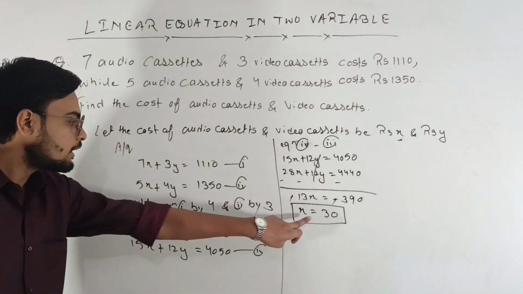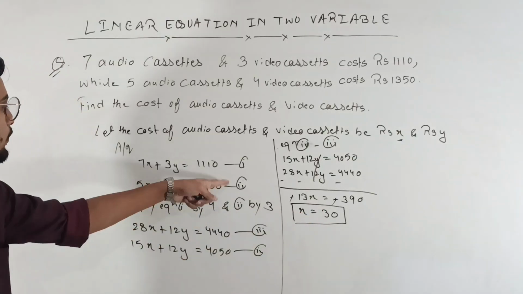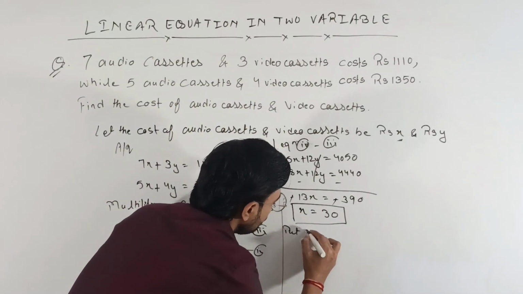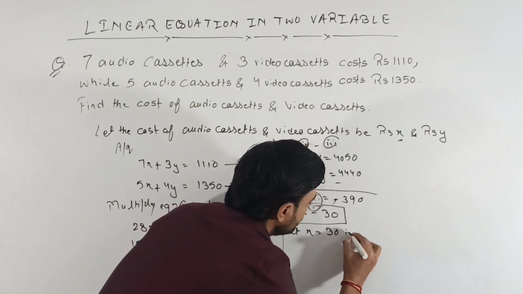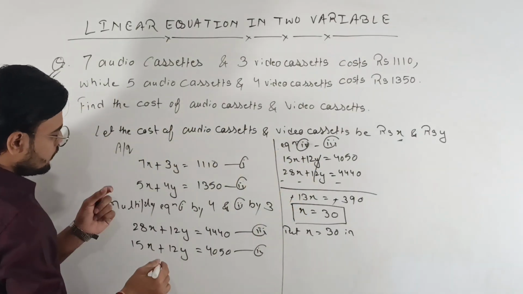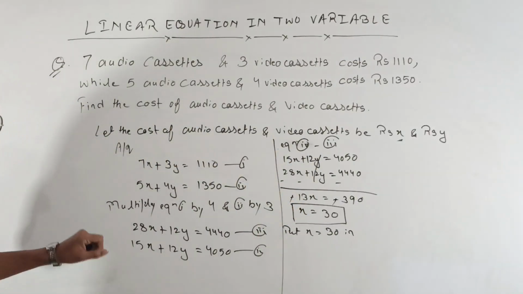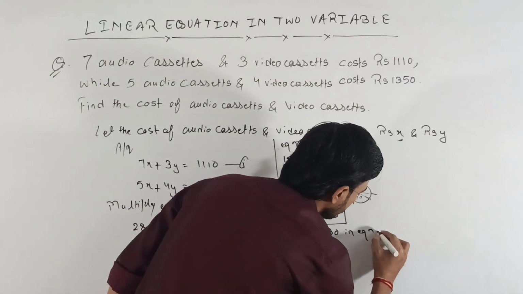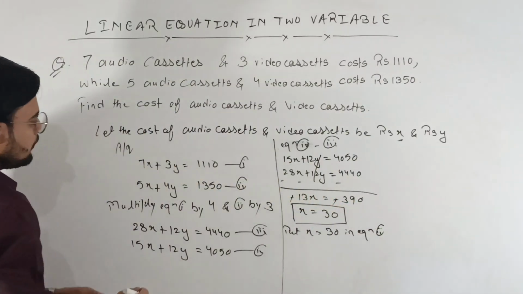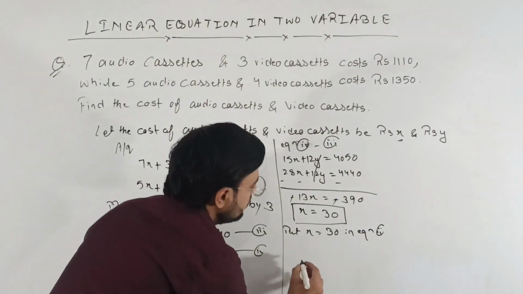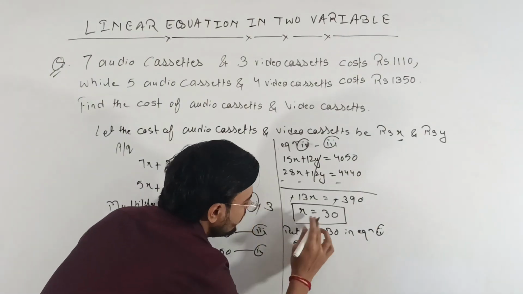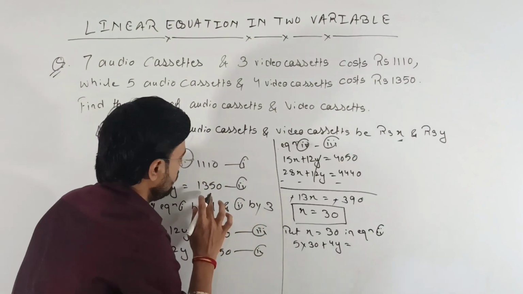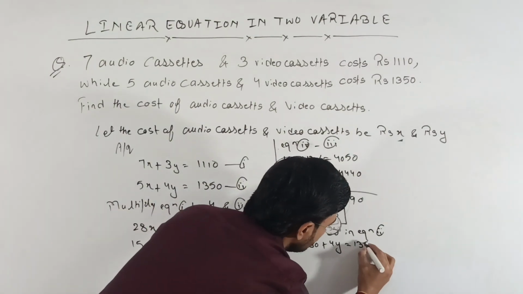Now we have to put this value of x equals to 30 in either equation 1, 2, 3 or 4. So I put x equal to 30 in equation second. Okay, equation second is 5x plus 4y. 5 into 30 plus 4y equals to 1350.